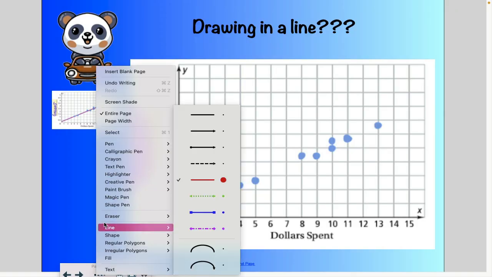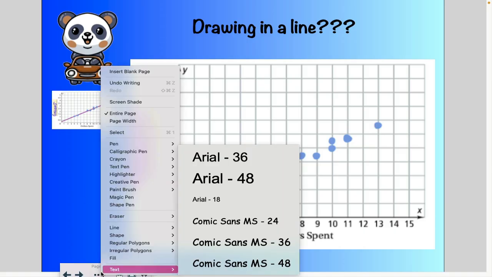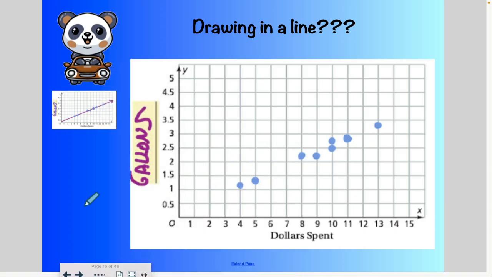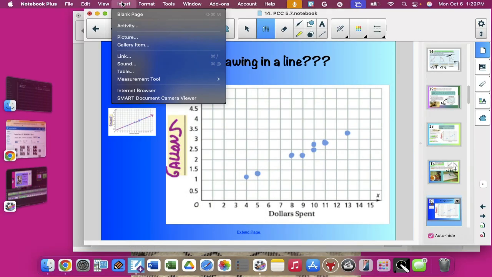So what I want you to do is take your ruler, go back to your graph that you made, and try to draw in a line that you think best balances those points as best as humanly possible. And we're not all going to draw the same line, but that's okay.